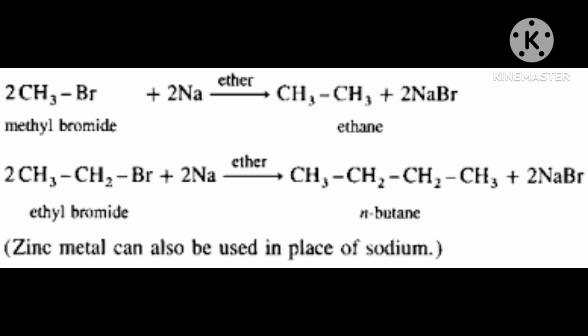This is the reason why haloarenes or aryl halides are less reactive towards nucleophilic substitution reactions, very difficult. Aryl halides are extremely less reactive towards nucleophilic substitution reactions, okay, due to the resonance effect.